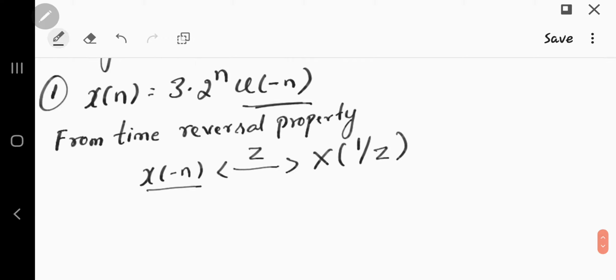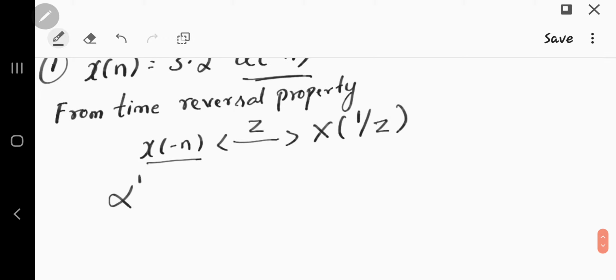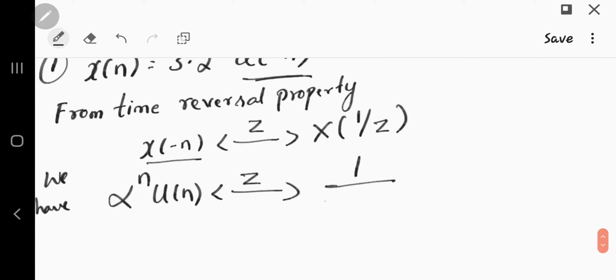So if you look at this, we have a derivation: alpha to the power n into u of n. The z transform for this is 1 divided by 1 minus alpha z inverse, where z is greater than alpha. These are the standard z transform derivatives that you have to remember while applying the property.